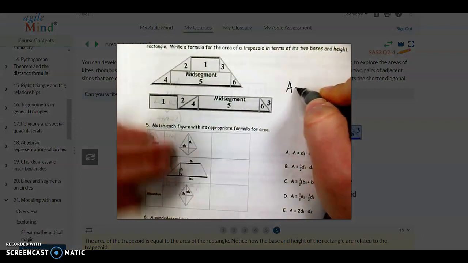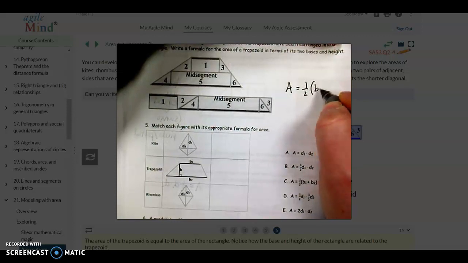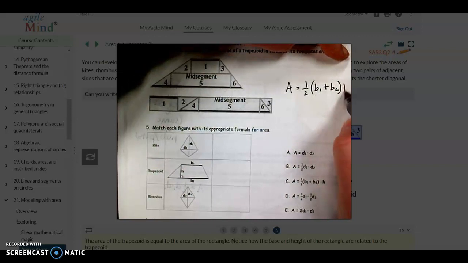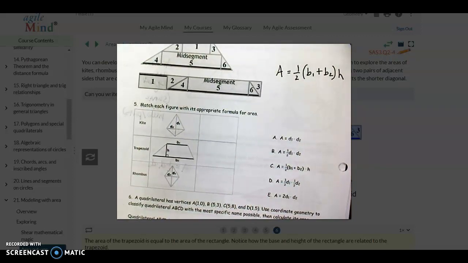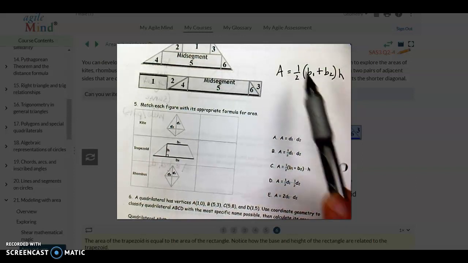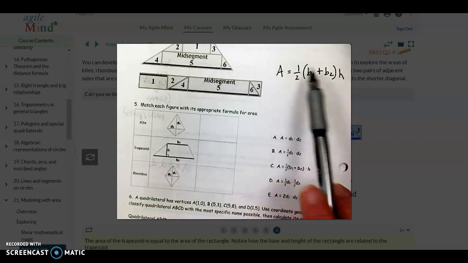It is A equals 1/2 the sum of the two bases, so we use subscripts to show that those are different bases, times the height. 1/2 the sum of the bases times the height. Now, it's important that you understand that formulas are always equations. They have two sides.